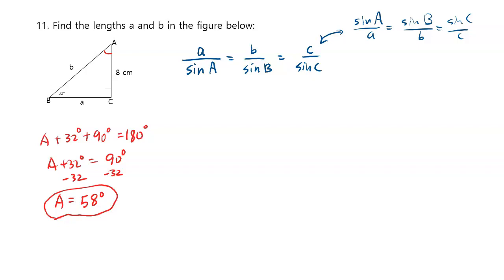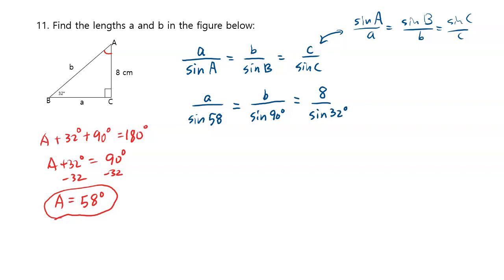All right, so what are we trying to do here? A over sine of angle A, and we know that's angle 58, equals B over sine 90 degrees, equals C, which is 8 over sine of 32 degrees.